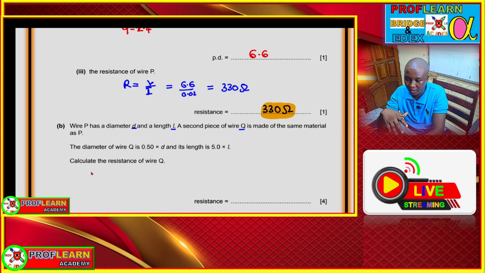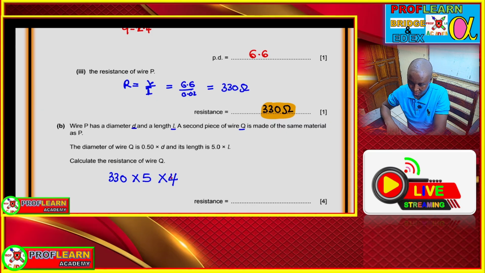So we're going to consider the resistance of this one as the beginning point. So it will be 330. This is 330 times 5 for the length, and the diameter is a half. So if the diameter is a half, resistance is going to increase by a multiple of 4.